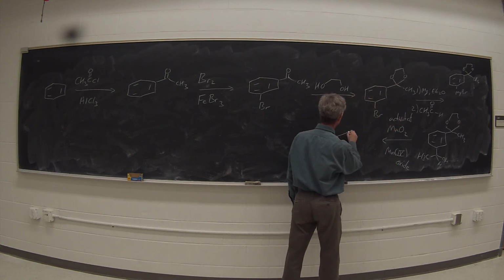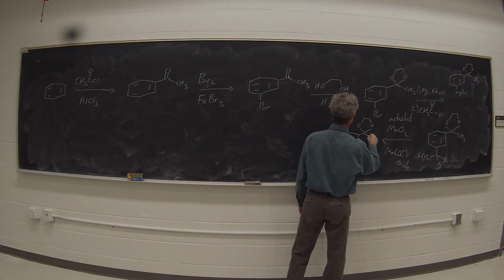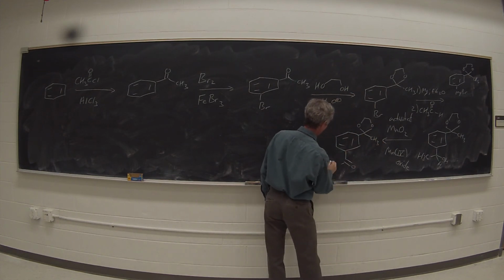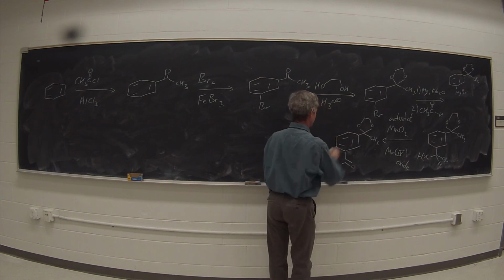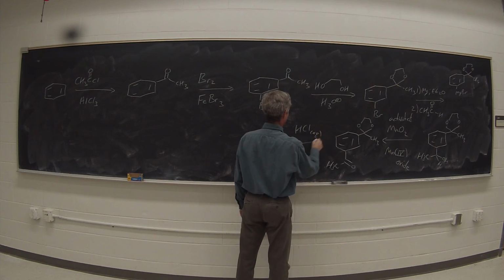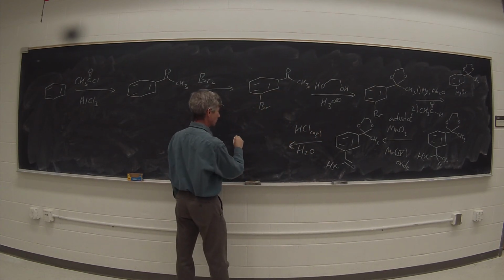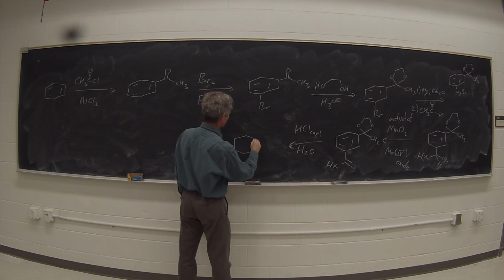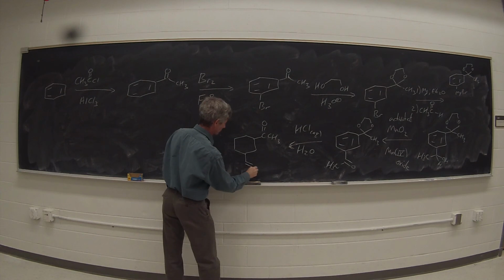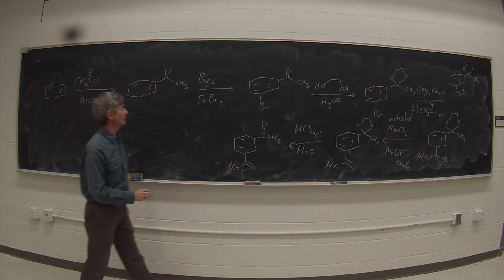But activated manganese dioxide is a very mild way of accomplishing this. That will generate the second acetyl group that we wanted. And now all that's left to do is to react this with aqueous HCl to deprotect, removing the ethylene glycol group, and generating the product we wanted.